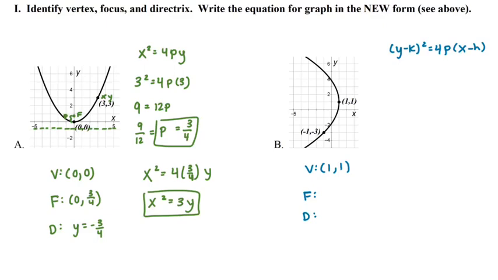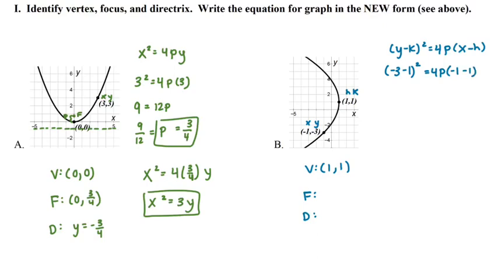We're going to figure out, by plugging in the information we've got, what the value of p is. I know the vertex is (1, 1). Those are going to be my h and k values. And then we've got this other point sitting on our parabola, (-1, -3). That's what I'm going to plug in for x and y. So y is -3, and then minus 1, squared, is equal to 4p, and x here is -1 and h is 1.